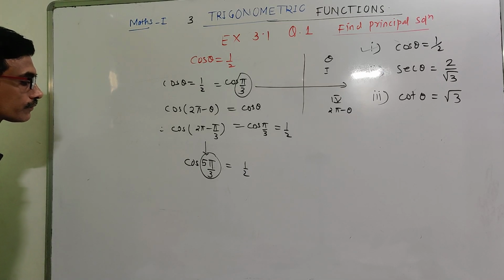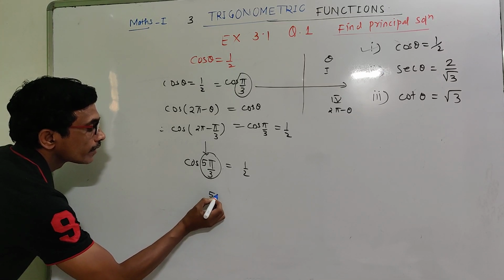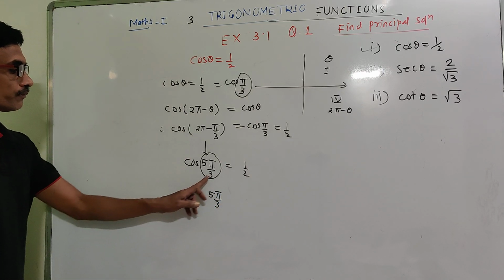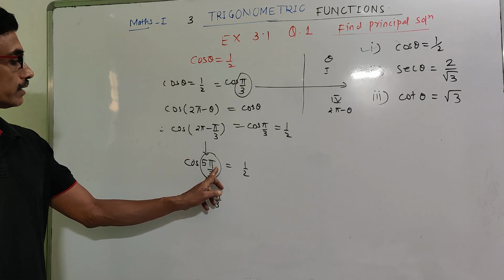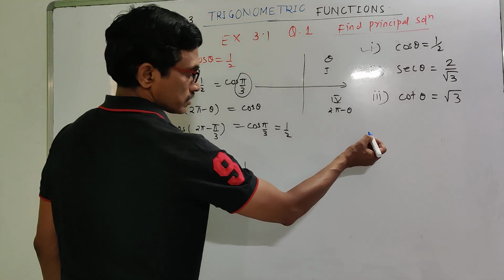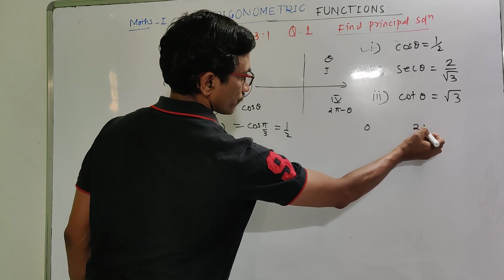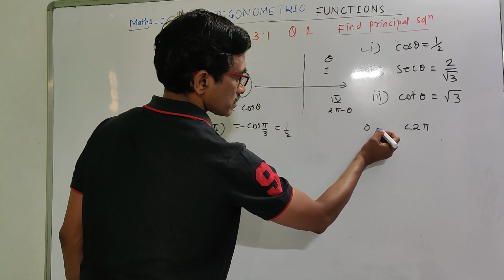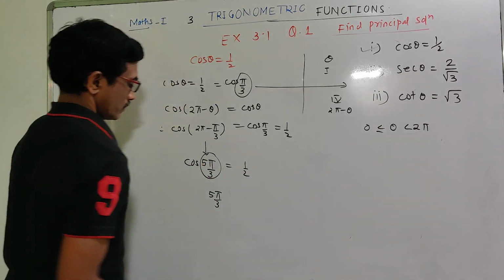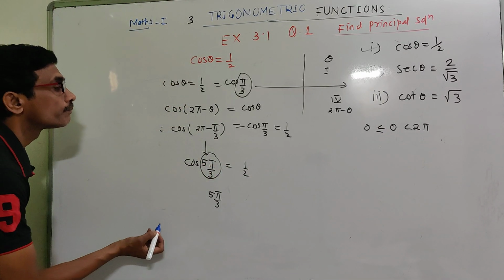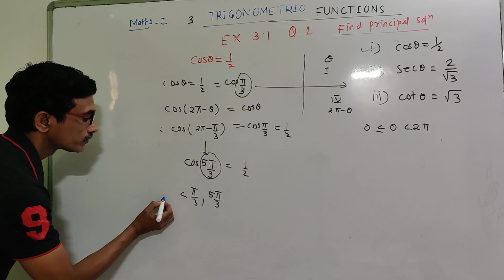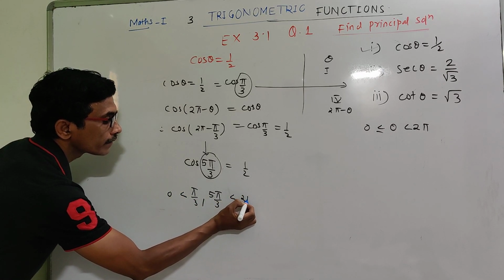So one value is pi by 3 and another value is 5 pi by 3. Now clearly, 5 pi by 3 means what? Pi by 3 is 60 and this is 300. So clearly it lies in 0 and 2 pi. 2 pi means 360 degree. So both pi by 3 and 5 pi by 3 lie in 0 and 2 pi.